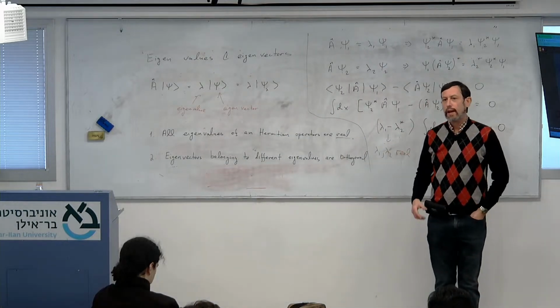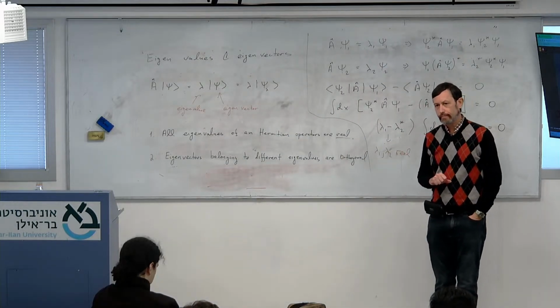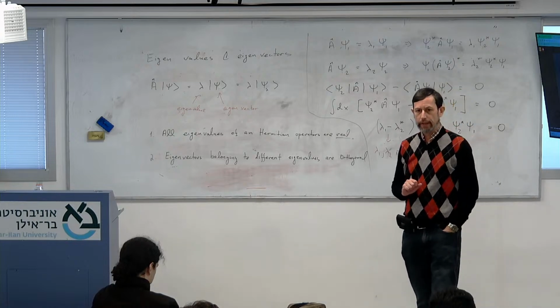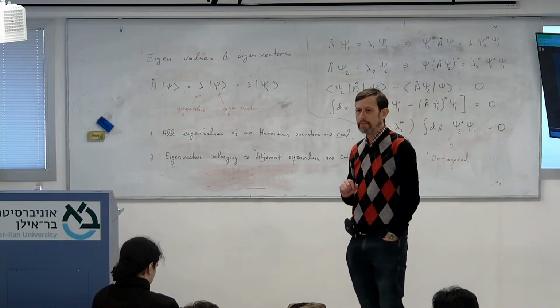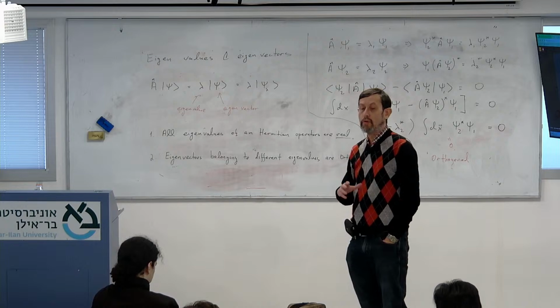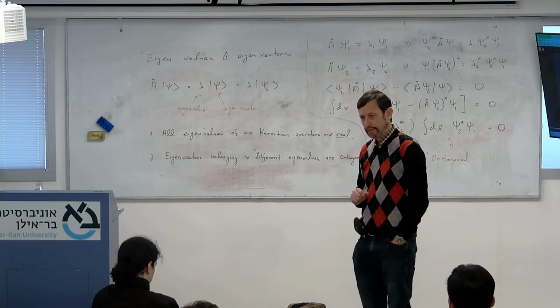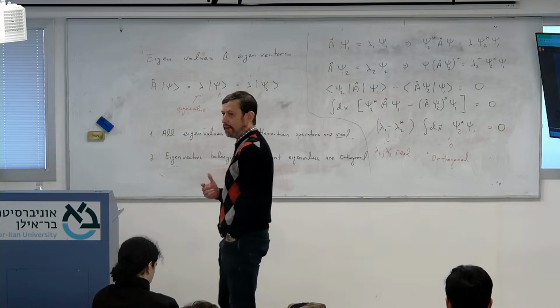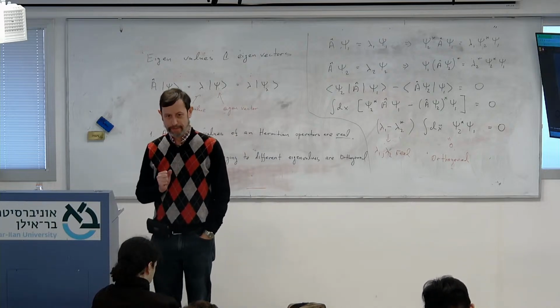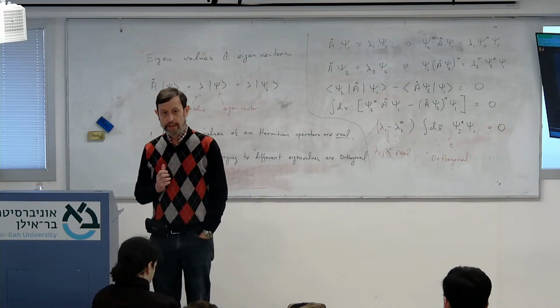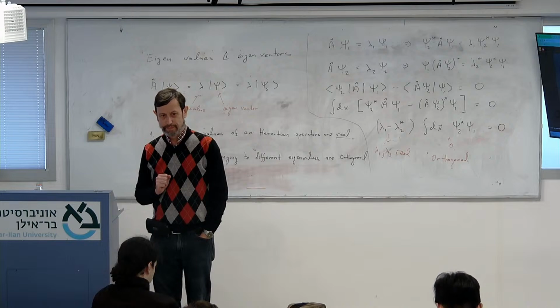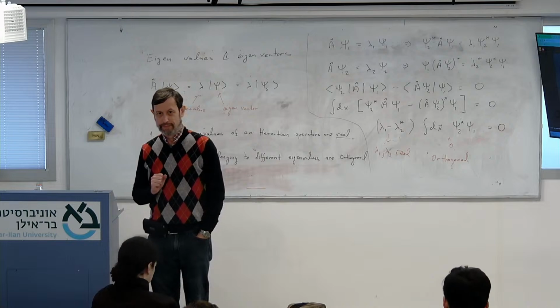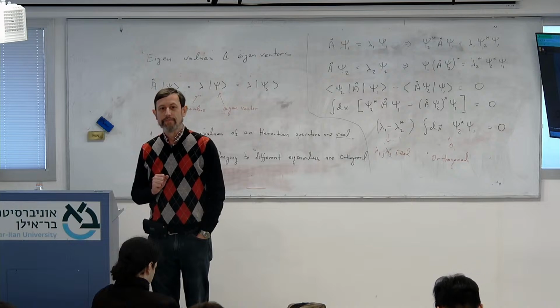Okay, what happens when I have two or more eigenfunctions that belong to the same eigenvalue? This is the generator. This is the base.